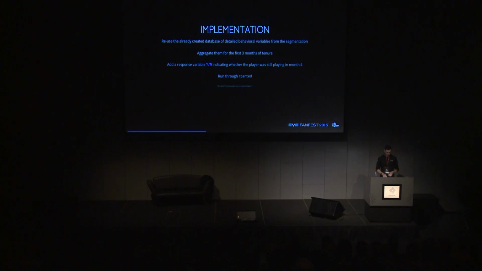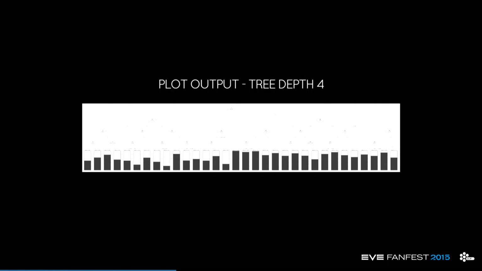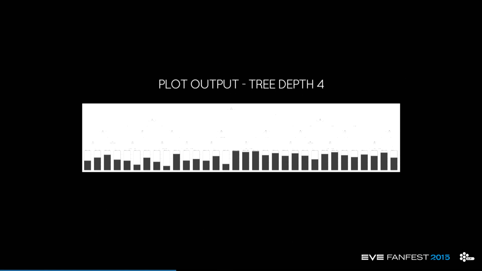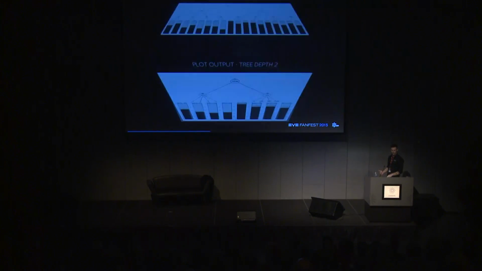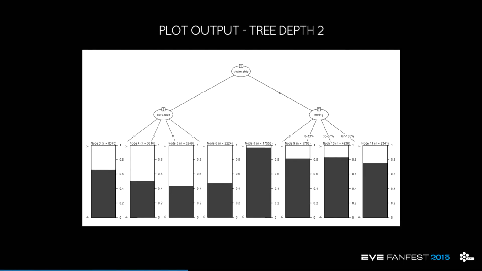And a minor detail, these graphs were not made in ggplot, but you might notice by how aesthetically not pleasing they are. So I started with this tree depth of 4, we have more variables in it, and I want to zoom in on these here. So the most important variable deciding on whether you were still playing in month 4 was whether you got your ship destroyed by another player.